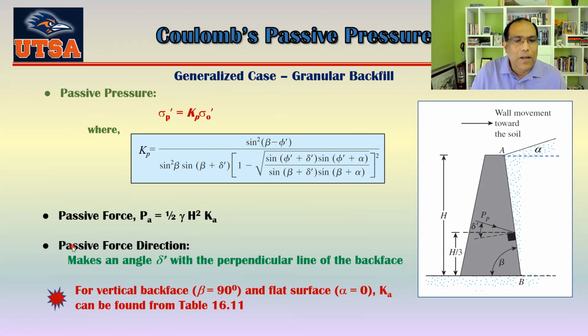The passive force direction is very similar to the active one: it makes delta prime angle with the perpendicular line of the back face of the wall. The only thing is your active pressure is under that line, and your passive pressure is above that line. Otherwise, everything remains the same.